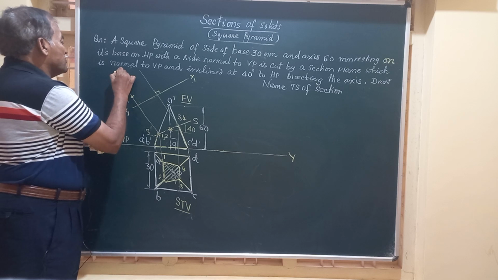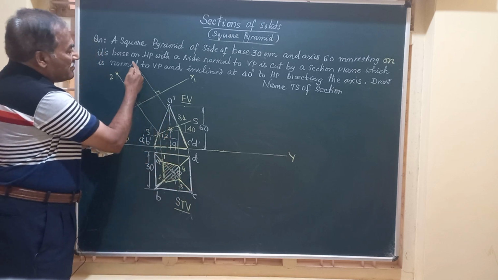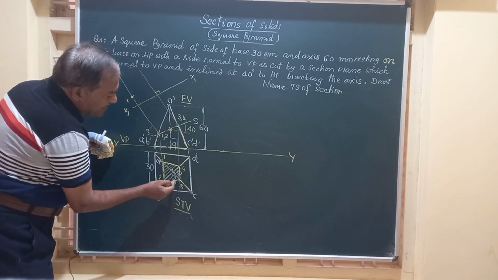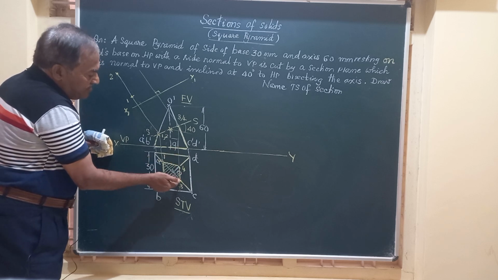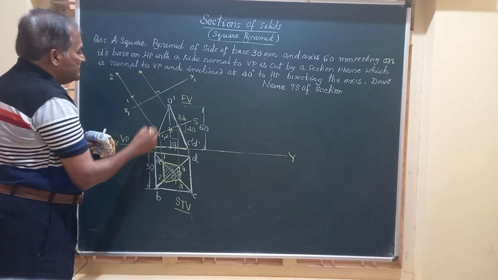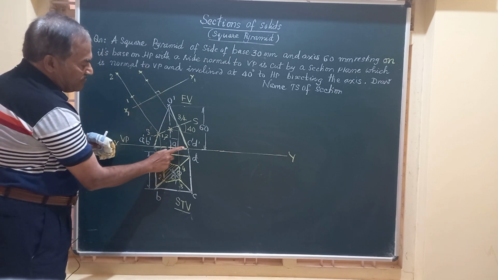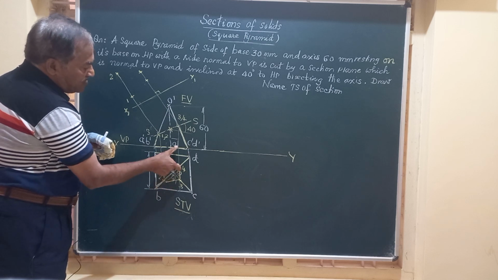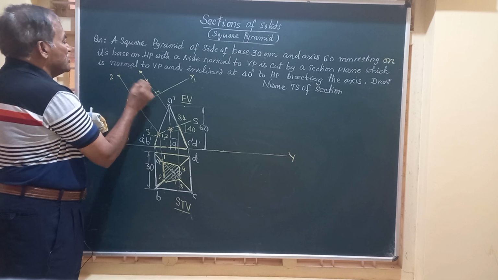I just mark 2 here. So we got point 1 and 2. Similarly, on this perpendicular line, I should get 3. 3 is away from xy by this much. We are going to get this point 3 and finally point 4, that is from here to this point 4, this vertical height. Friends, we have got all the 4 corners.